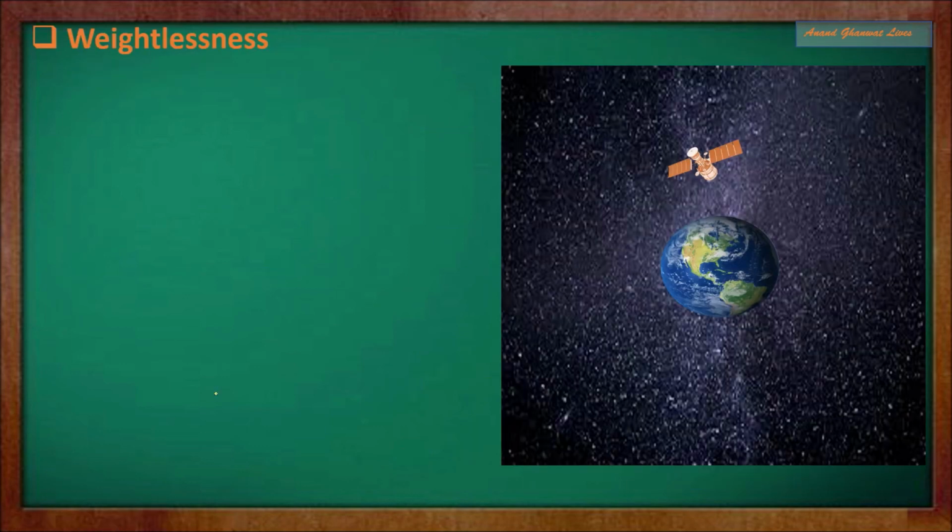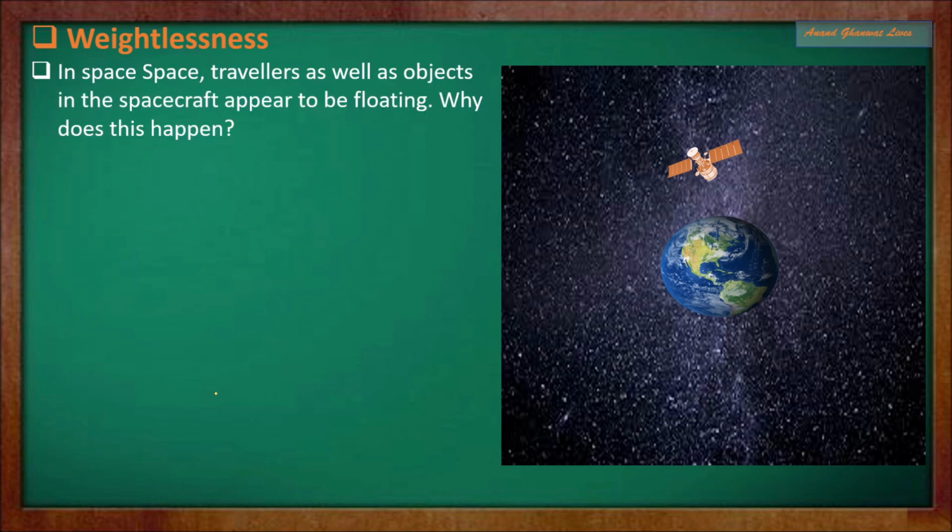Now next, let us learn weightlessness, meaning we feel our weight to be minimized. In the spacecraft, travelers as well as objects in the spacecraft appear to be floating. Why does this happen?